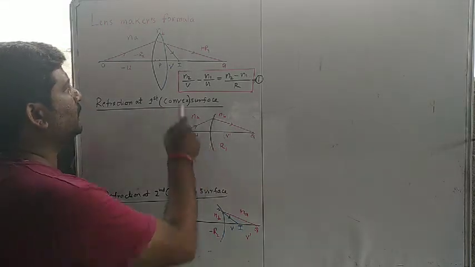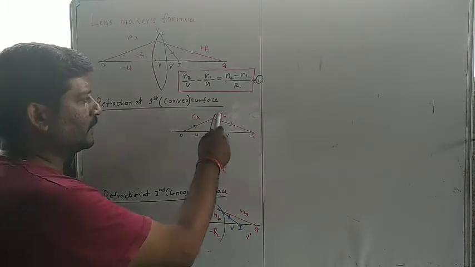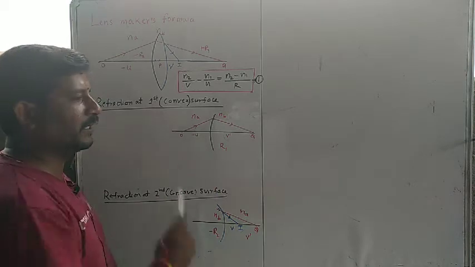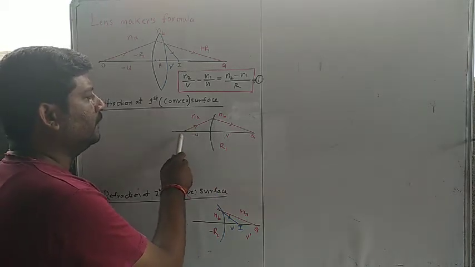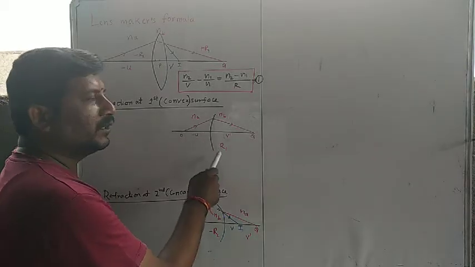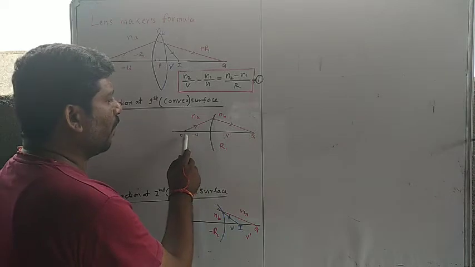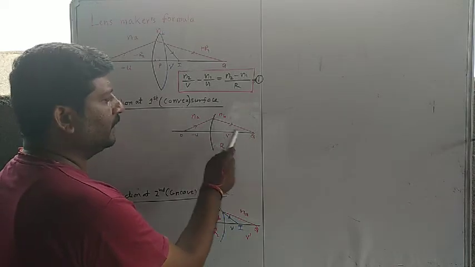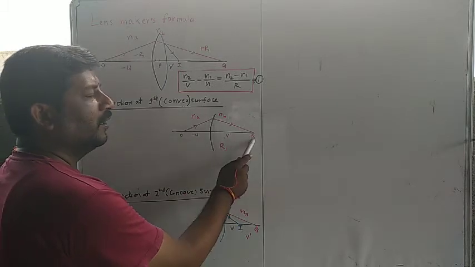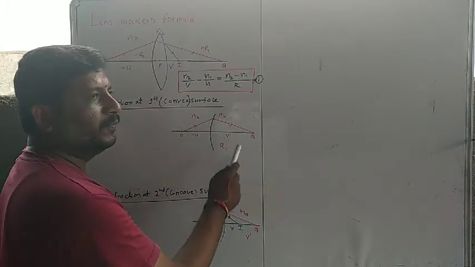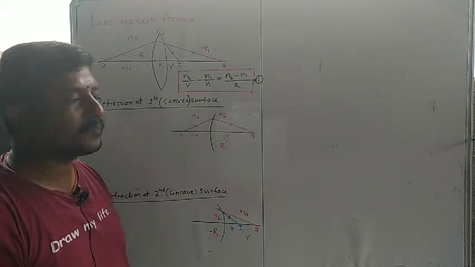So here this is the first refracting surface or convex surface. Here we have the object, and this convex surface or first refracting surface forms the image of this object at Q, at V dash distance.